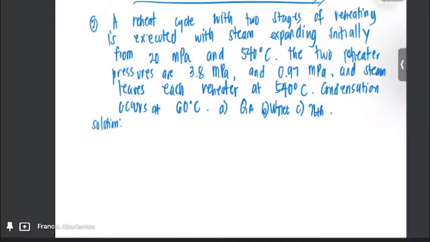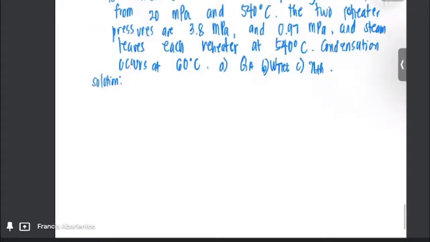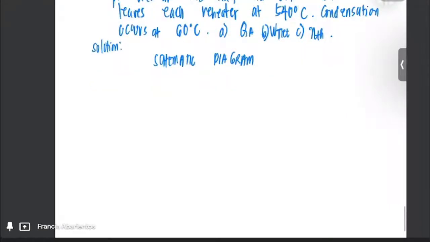In a two-stage reheater class, ganito yung mangyayari. Schematic natin. So, in problem, dapat may two stages of reheat.